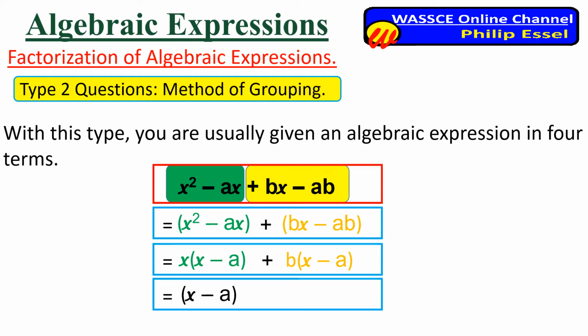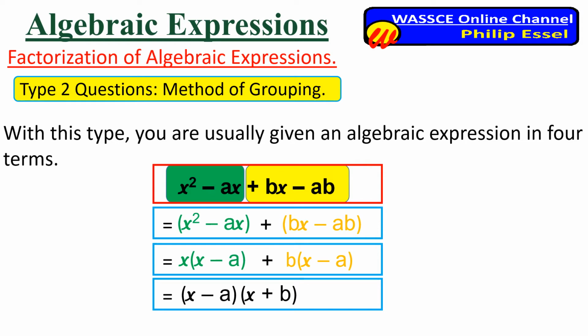So we are going to join those 2 items together to form one factor. When we join them together, we would get x, which is the green outside, plus b. So let's write x plus b, everything in brackets.